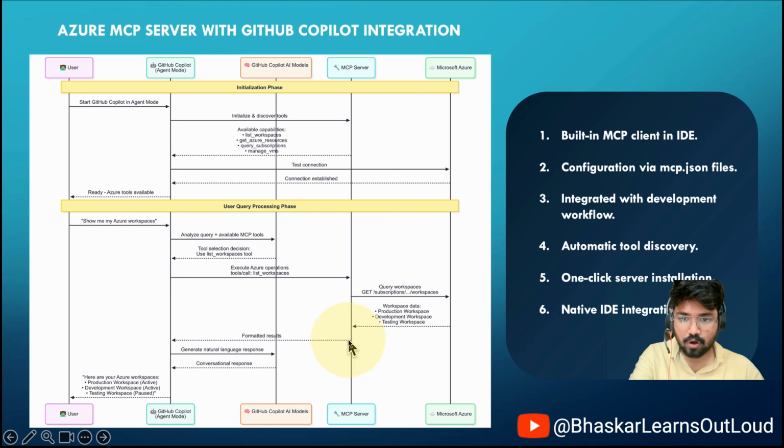The MCP server then responds with the formatted result, generates a natural language response, and sends the conversational response back to the user. So here are your Azure workspaces: production workspaces, development workspaces, testing workspaces. So that's how the Azure MCP server works.